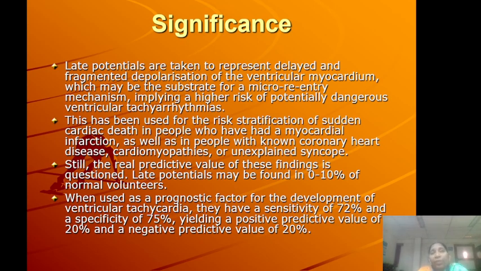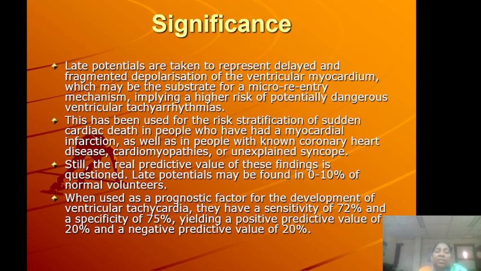That is why the heartbeat will be very high in tachyarrhythmias. This signal average ECG is also used to identify any risk associated with sudden cardiac death in people who had myocardial infarctions.